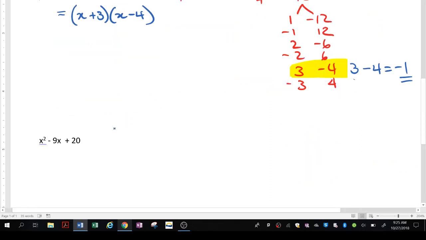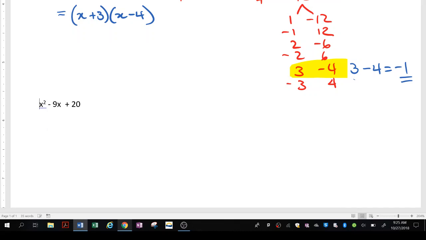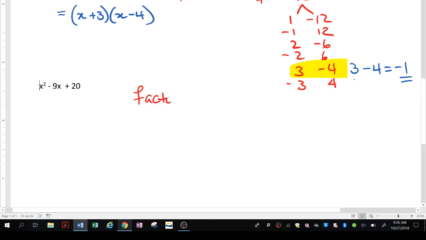Let's look at one more example, where c is positive but b is negative. When we look at our factors of 20, we know b is negative, so that means our factors have to both be negative. Negative 1 and negative 20, for example: the product of those is going to give us a positive number, which is what we want.